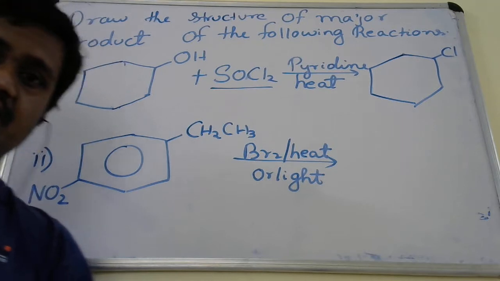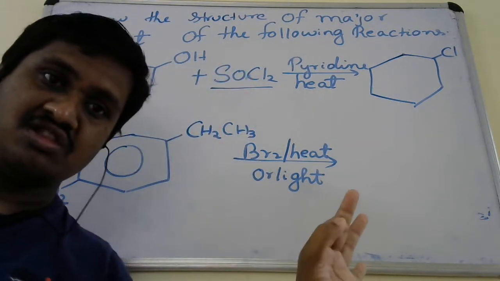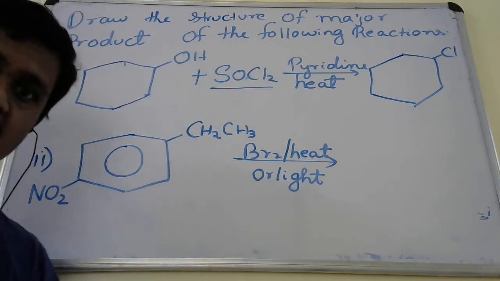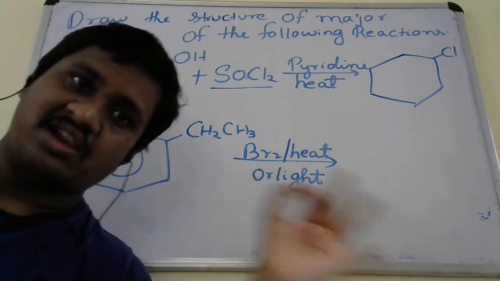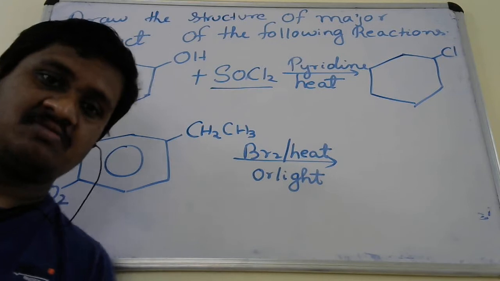But remember, this reaction will never happen in case of benzene. Only a cycloalkane or a straight chain alkane with alcoholic group. It will never happen with benzene, remember that.